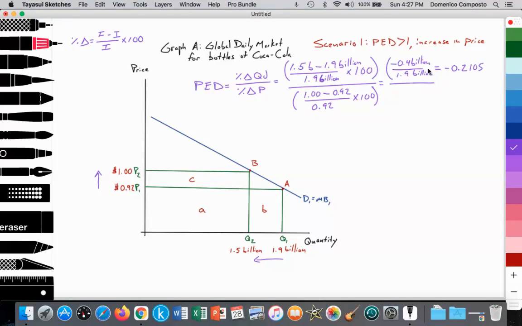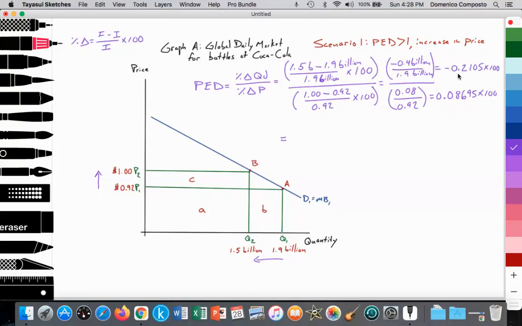This entire value is going to be divided by $1 minus 92 cents, which is 0.08, divided by 0.92. That's going to be equal to 0.08695. Remember, we have to multiply this by 100.